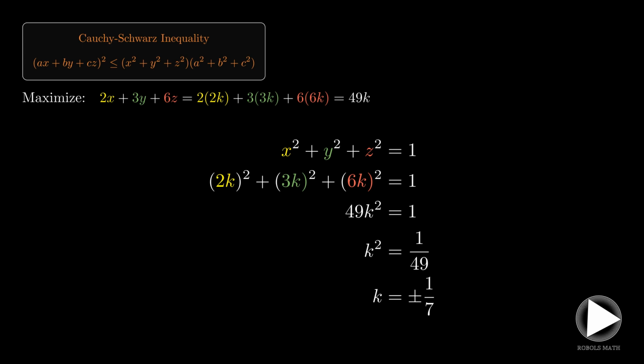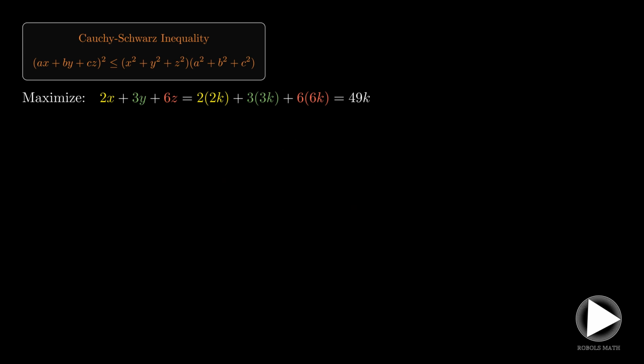Since we have previously established that 2x plus 3y plus 6z is equivalent to 49k, we choose the positive value to attain the maximum. If we need the minimum instead, we choose the negative value. Now finally, we know that x equals 2k, and knowing that k equals 1 over 7, the value of x must be 2 over 7, and that's our final answer.